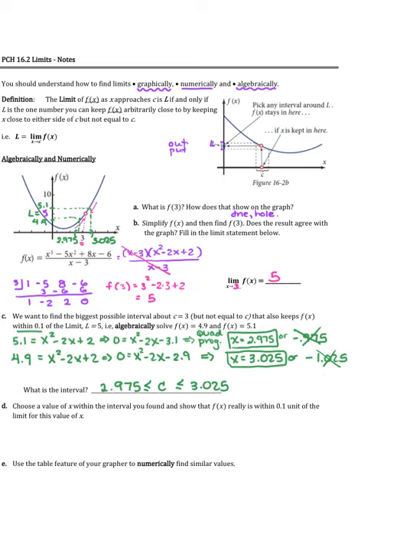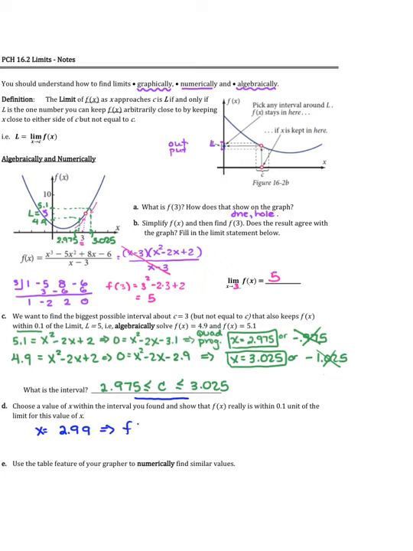Now, how do we know that is really true? We can choose any value in this interval that we just came up with and show the output really is within 0.1. So you're just going to choose any value you want. I'm going to choose x equals 2.99.